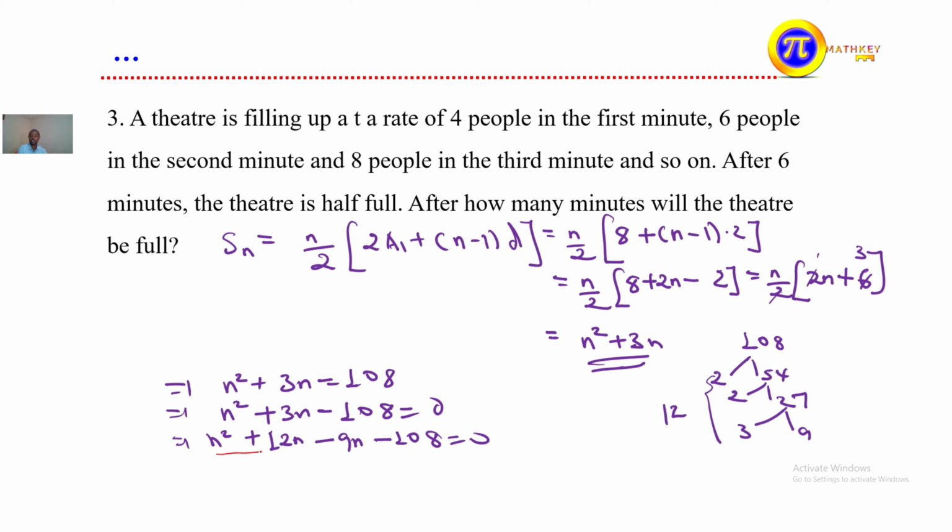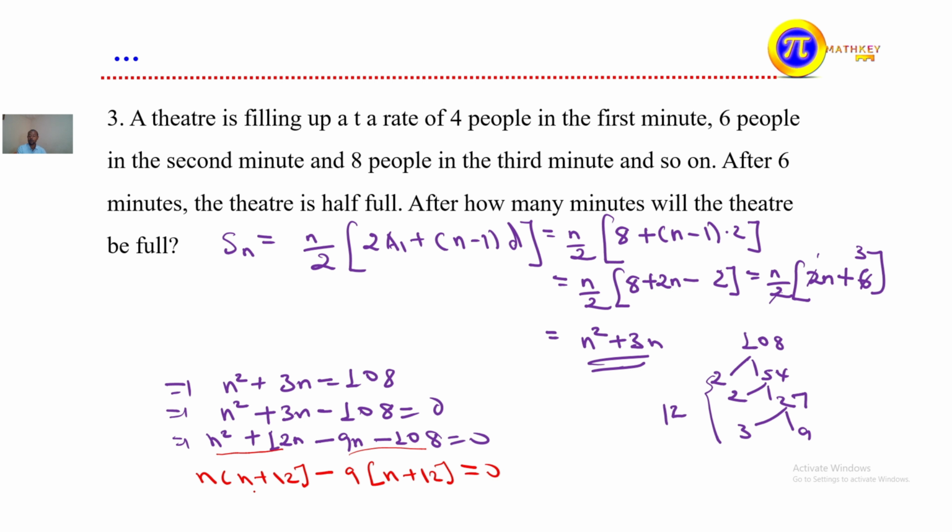If you consider the first two terms together, n is common: n times (n plus 12). From the other two, negative 9 is common: negative 9 times (n plus 12) equals 0.